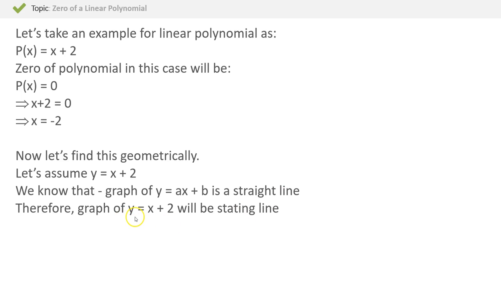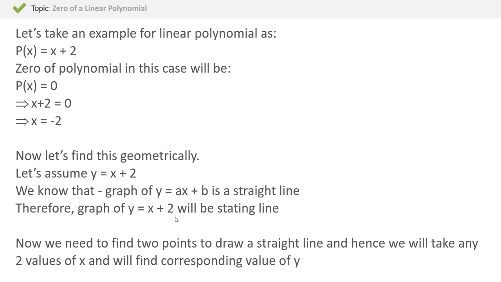Therefore, the graph of y equal to x plus 2, where a is 1 and b is 2, will be a straight line. Now we need to find 2 points to draw a straight line. So remember, if you have to draw a straight line, all you need is 2 points. As soon as we find 2 points, we can connect them and draw the straight line.